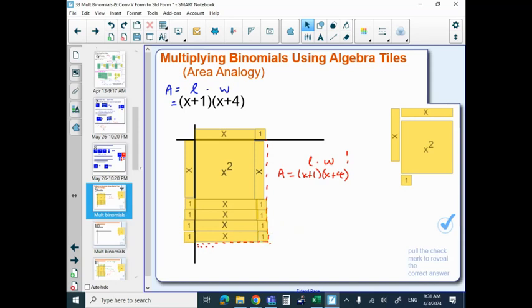All right, so what we're seeing from this is that the area is equal to x plus 1 times x plus 4. And the answer is clearly an x squared and 1, 2, 3, 4, 5 x's, right? And then 4 ones, which is the result of the polynomial.